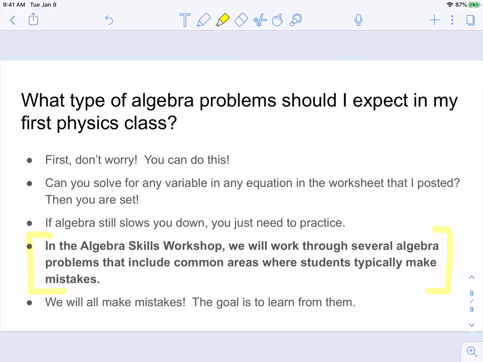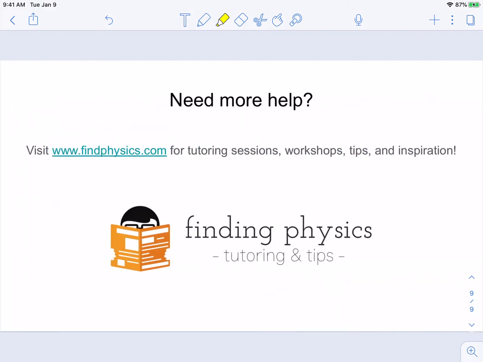Okay, that's the big idea. And guys, we're all going to make mistakes. I don't want you to get upset. Make the mistakes. That's how we learn. Typically, if you make a mistake, you're not going to make that same mistake again. You're going to learn from it and move on. So use this time to try to learn some of these typical algebra mistakes, the tricky parts that a lot of students have, and then you're going to be good as you go through your physics course.